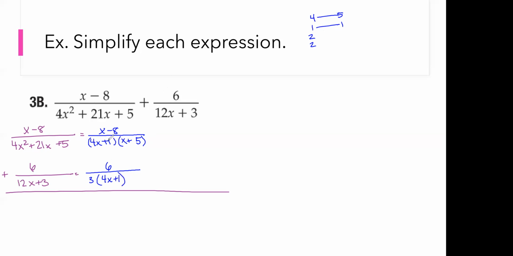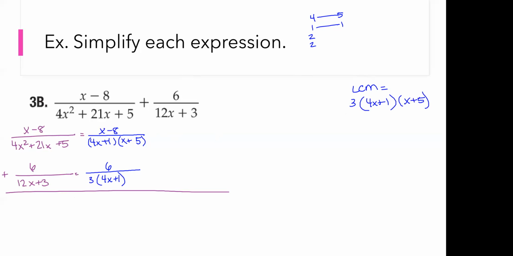Now I can see for my least common multiple, they both have a factor of 4x plus 1. This one down here, we have a 3 in the front, and then up here we have this x plus 5. So all of this is going to be my least common multiple, or my common denominator, okay?